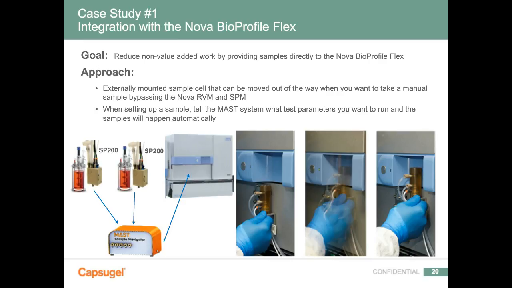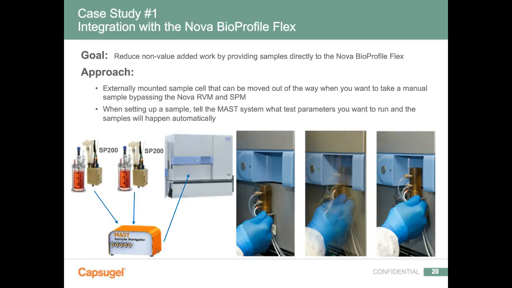In this first case study, we're going to be talking about integration with the Nova BioProfile FLEX. The goal here was to reduce the non-value-added work by providing samples directly to the FLEX without human intervention, given the time scientists and engineers spend drawing samples and handling the data.